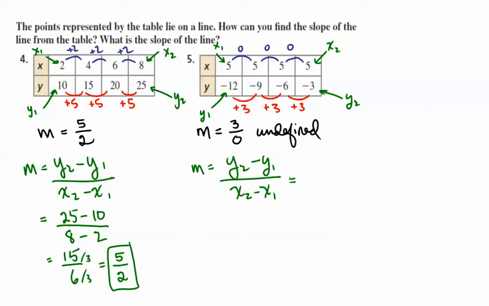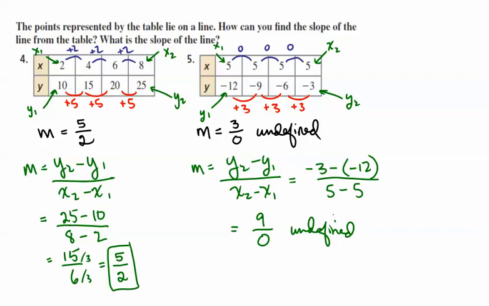And so in this case, y2 is negative 3 minus y1, negative 12. Don't just say negative 3 minus 12. It's negative 3 minus negative 12 over x2, 5, minus x1, 5, and we get negative 3 plus 12, which would be 9 over 0, undefined.